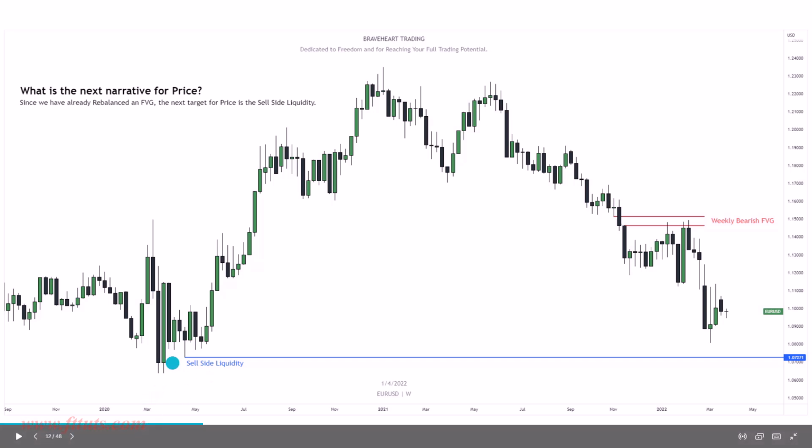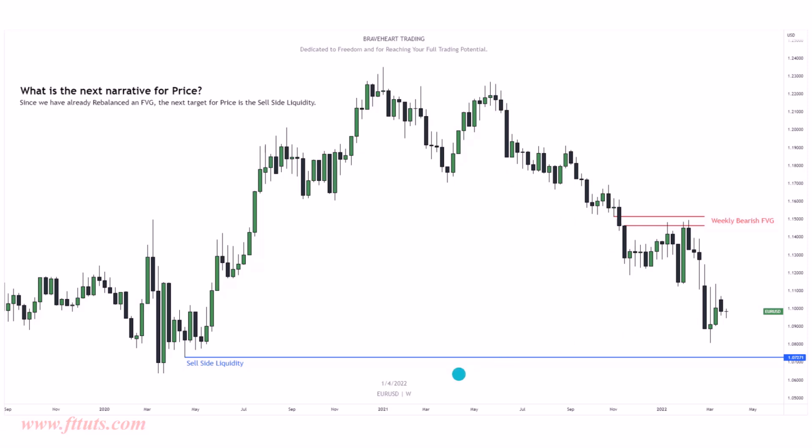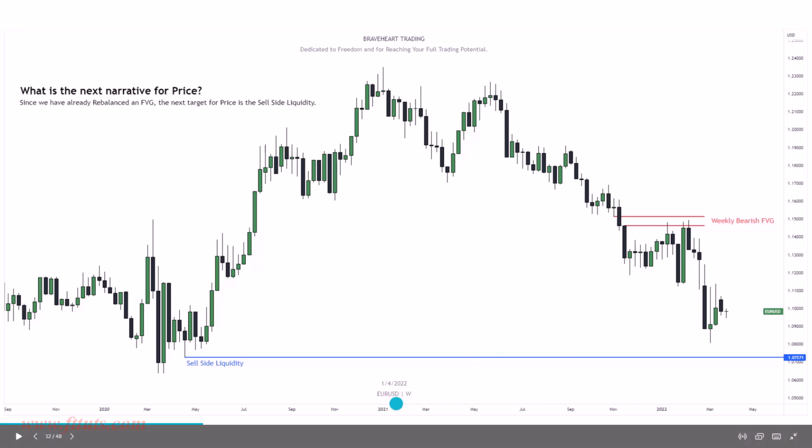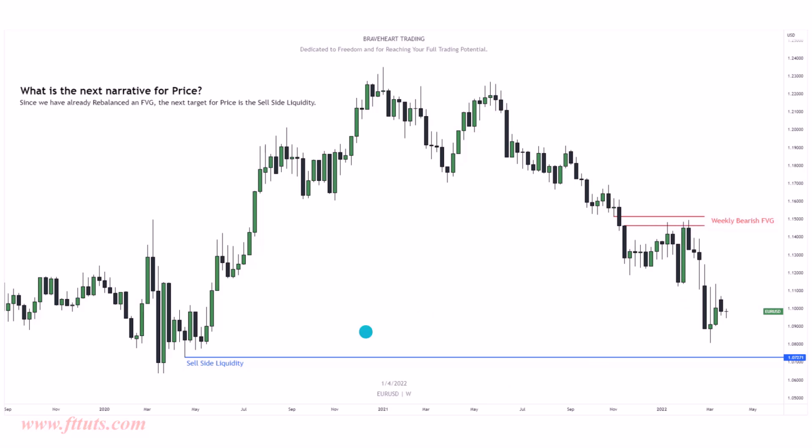If you look at this trend up higher, you can see that this was an entire year worth of bullish trend. And you can see this trend lower, this was also an entire year of bearish trend. So you don't want to be calling tops and bottoms, especially on the weekly chart. You want to be sticking with the narrative, which is resistance holding, supports breaking.